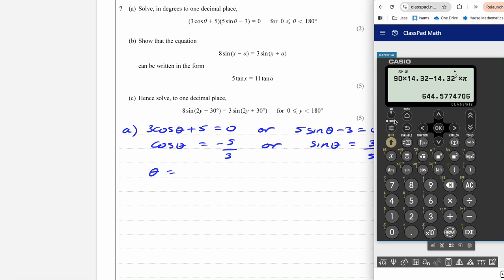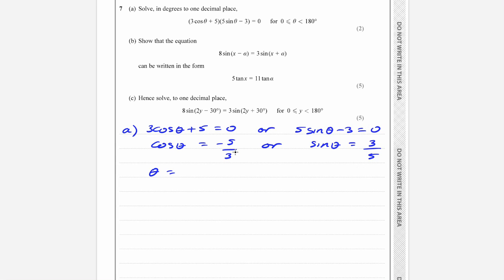So I'm going to do inverse cos of, now guys, I like to just do positive 5 over 3. No, sorry, I just realized this has no solution. I was wondering why it has only 2 marks. Cos has to be between negative 1 and 1, and this is less than negative 1. So we can just say no solution.